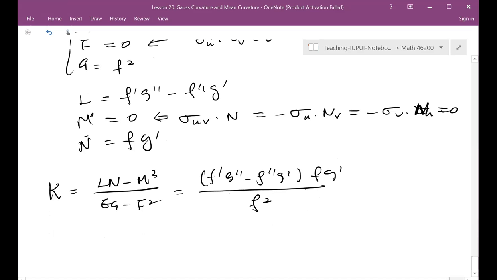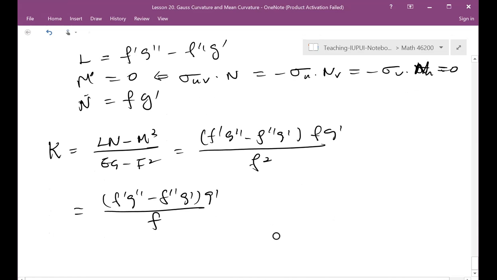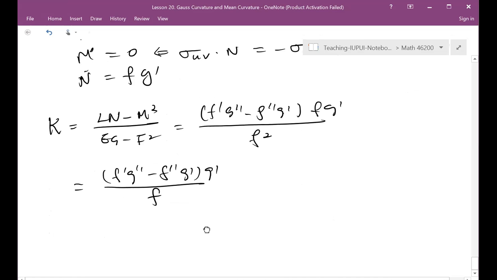Now this one we have to modify. We cancel F at least. We have to use a property, f prime squared plus g prime squared equals 1.